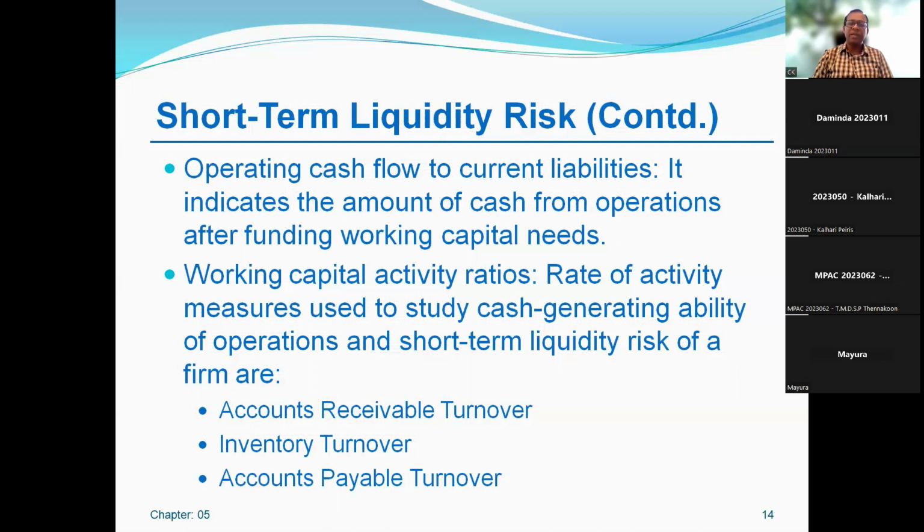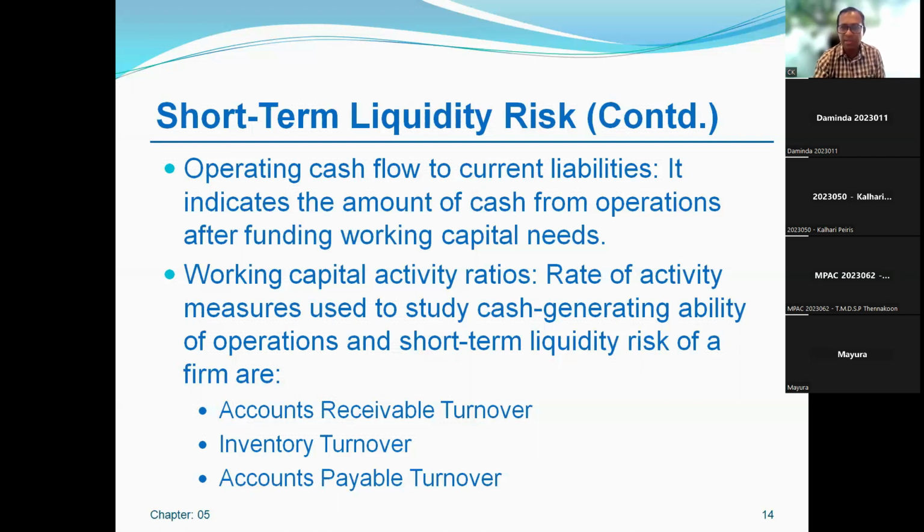Then we have other working capital activity ratios. Now, this includes accounts receivable turnover, inventory turnover, accounts payable turnover. That means for a given time period, how many times you get these things moved. So how many times your debtors get converted into cash?